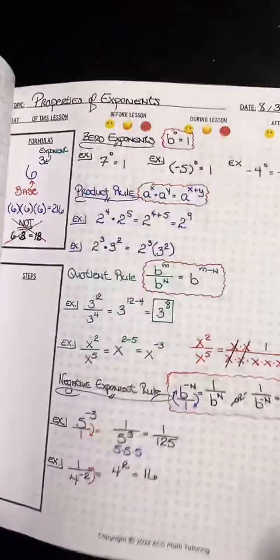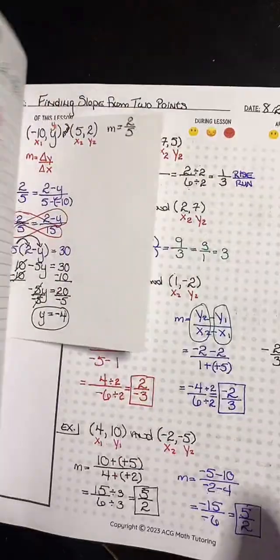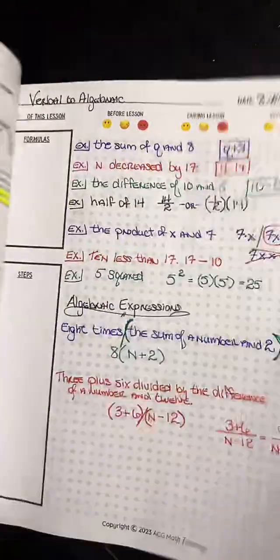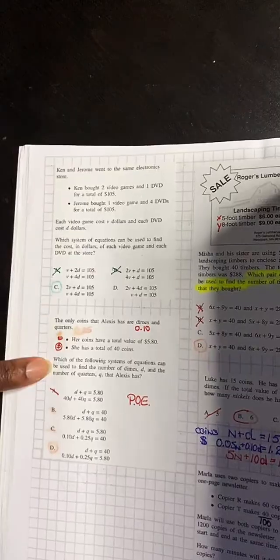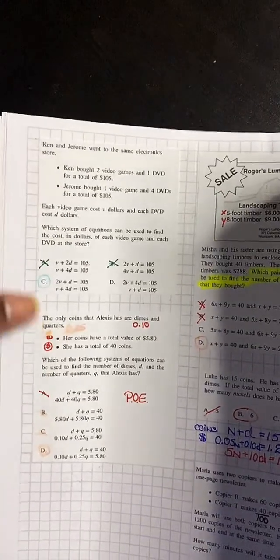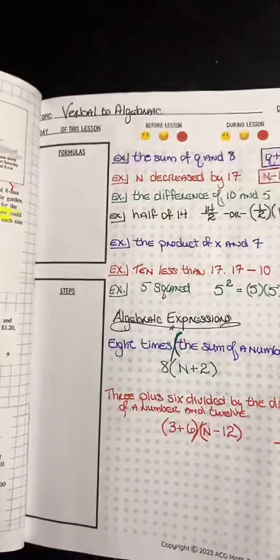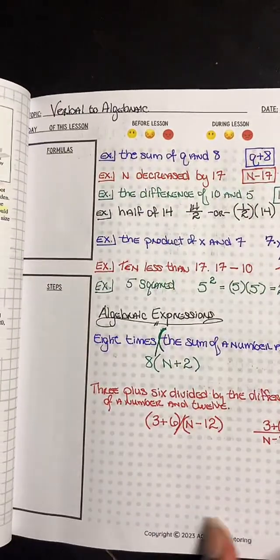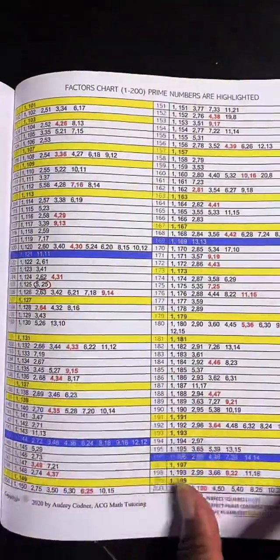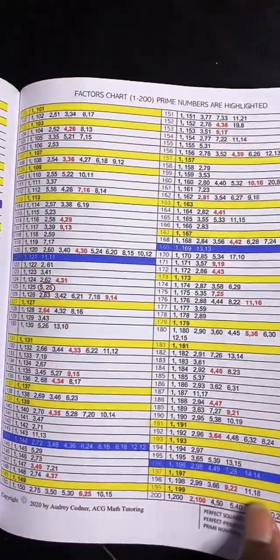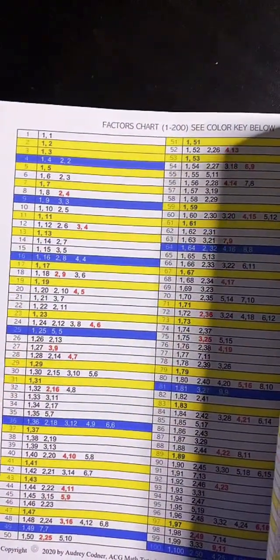These notebooks I design and I sell, so there are places for you to put your formula, your steps, and a second section for you to do work on one side as well as the other side. So you can keep all your notes nice and neat. If you have any papers or notes or worksheets that you definitely need to remember, you can cut them and tape them in. If you've got double-stick tape, that will work even better. And then on the other side, you can summarize what's on that sheet.